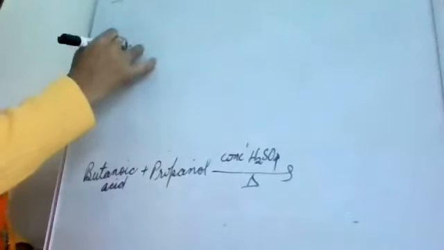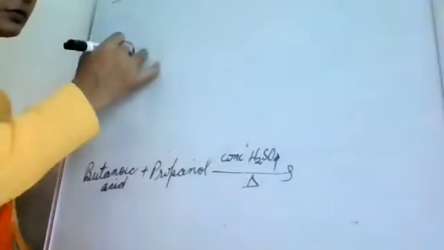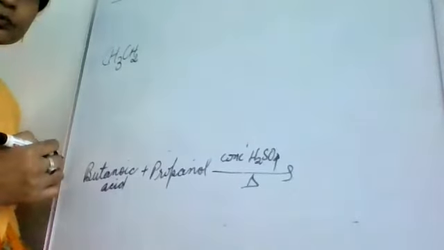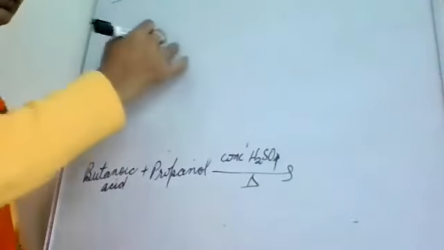CH3, CH2, CH2, COOH. Butanoic acid is CH3CH2CH2COOH. Plus what?